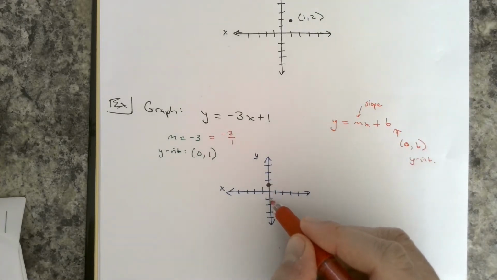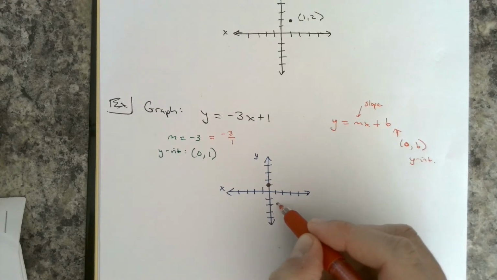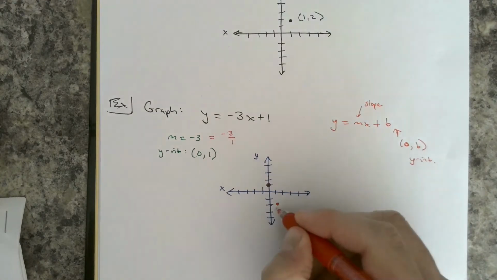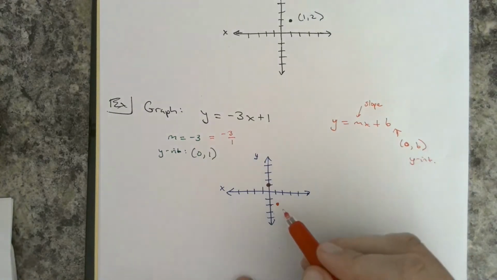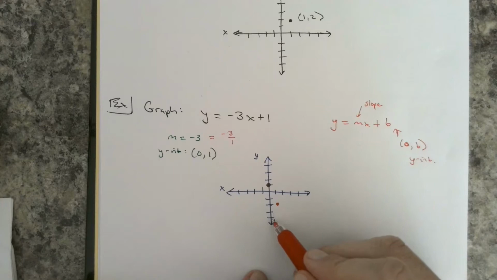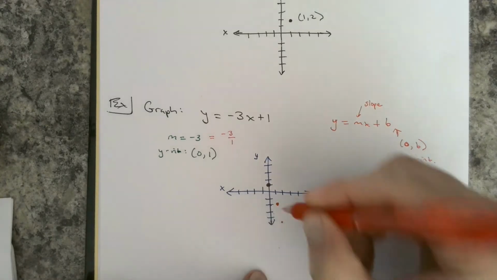So down 1, 2, 3 units. The denominator is telling you about the change in x, so we're going to move to the right 1 unit. And then you could plot your line through those points. If you wanted to be more accurate, you could again go down 3, and then 1 to the right, and then plot the next point there.